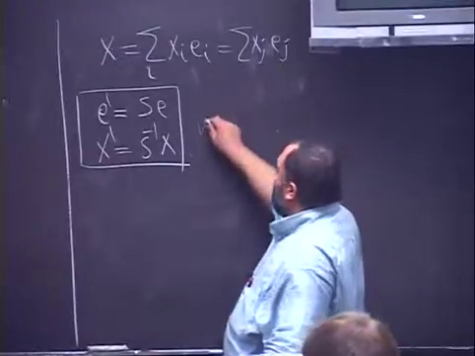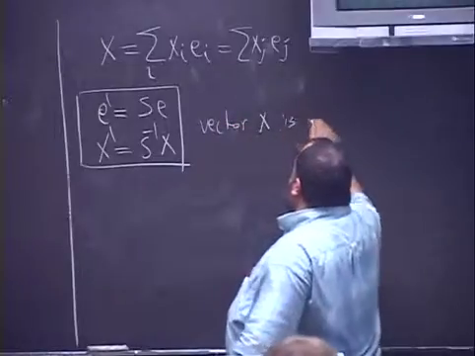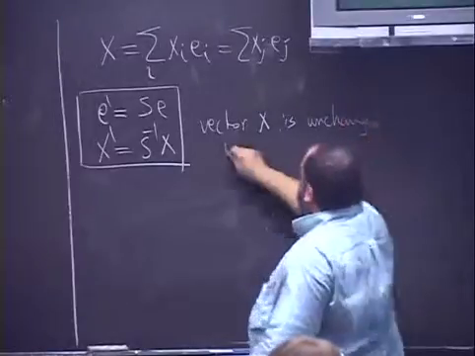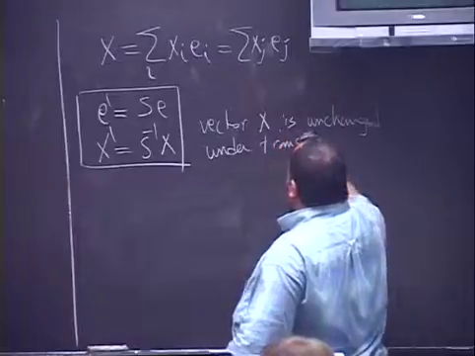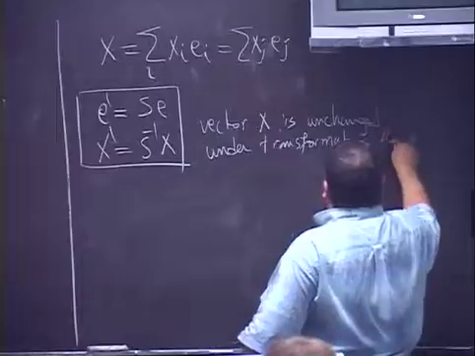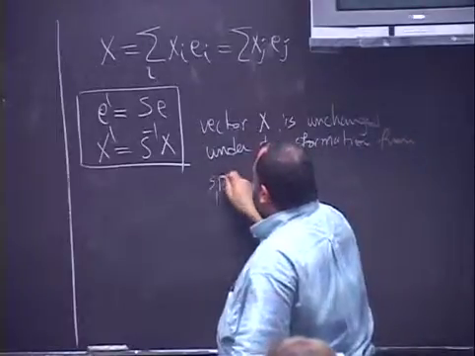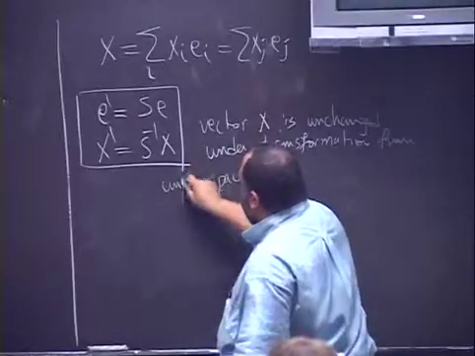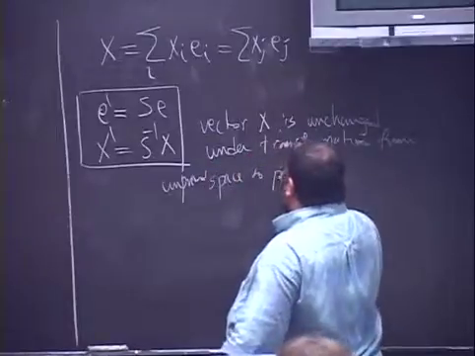So the vector x is unchanged under transformation from unprimed space to primed space.